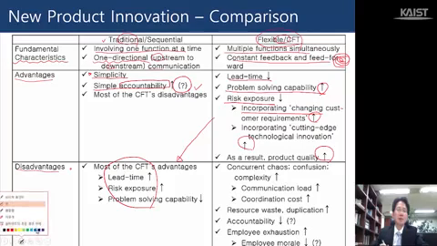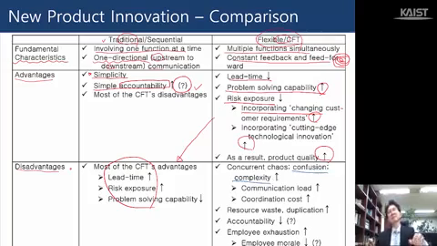Some people actually said that there will be huge confusion and complexity will go up. It's kind of reasonable because there are multiple functions involved. So at a particular point in time, many functions communicate with each other, many functions work with each other, and therefore confusion goes up and complexity goes up.